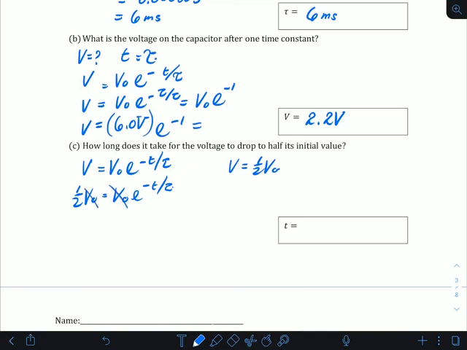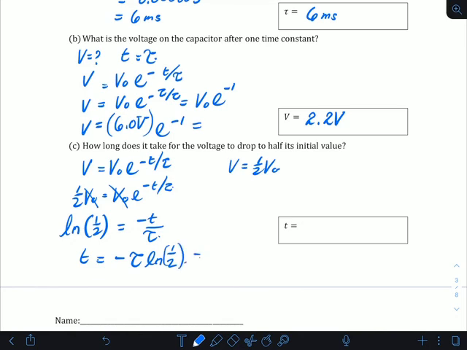We're going to take the natural log of both sides so that we can solve for t, and then t is equal to minus tau ln of 1/2.